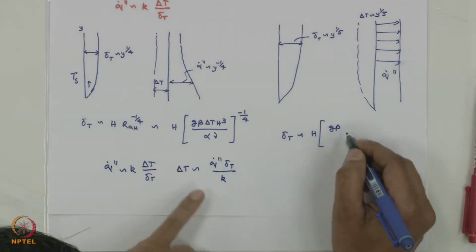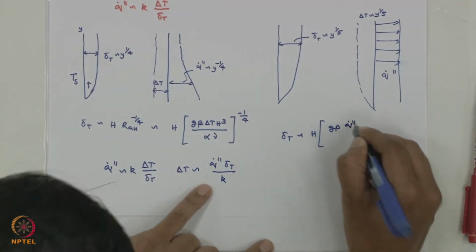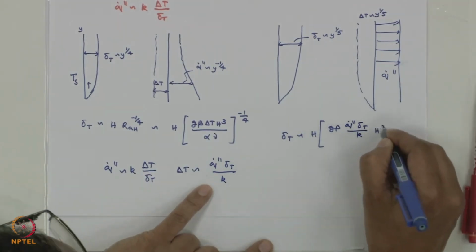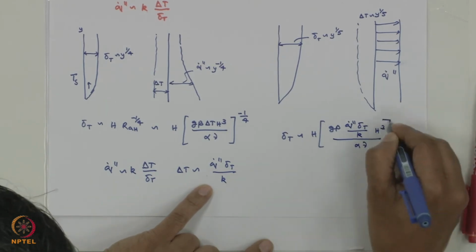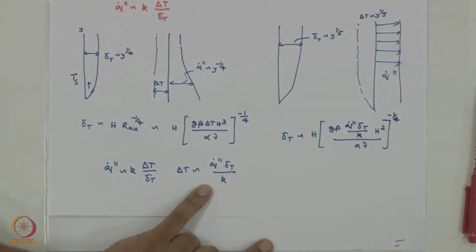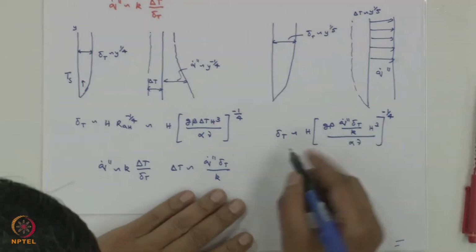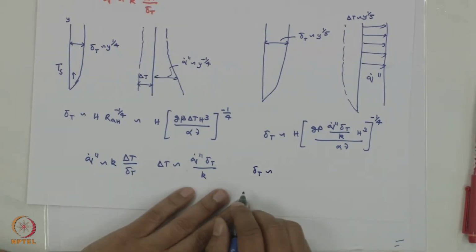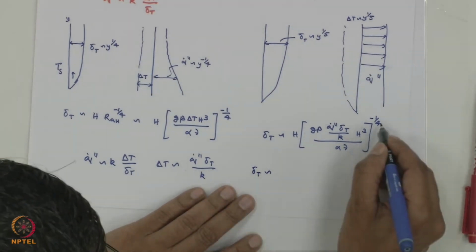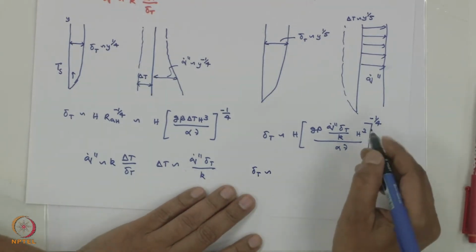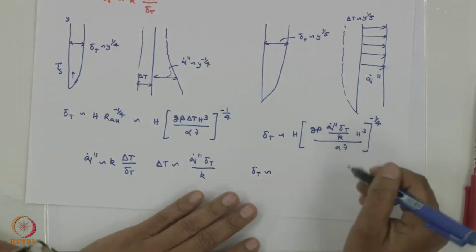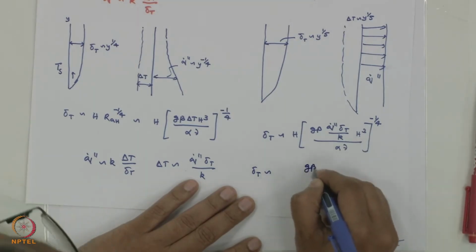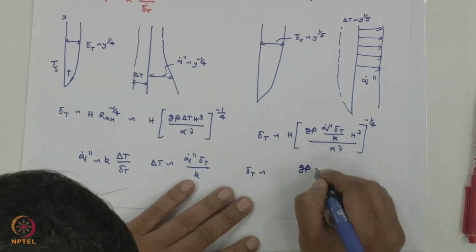I will substitute for delta T this thing because I want to get heat flux instead of delta T. Q double dash delta T by K H cube upon alpha nu to the power of minus 1 by 4. Now if I pull out delta T, if I just do the rearrangement, what I get is G beta Q double dash.